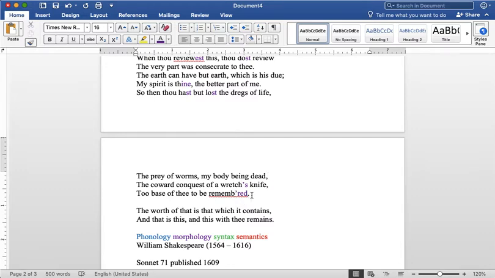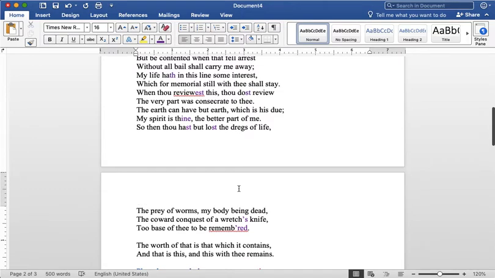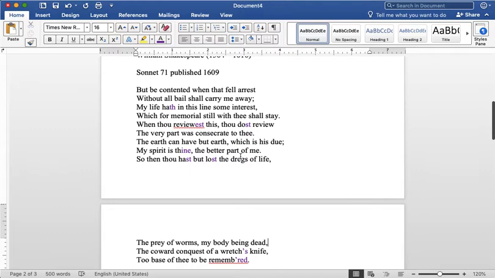But I'm still interested in this morphological word form. So we have remember, and then we have remembered, the past tense. The question is, do we see other ed endings in early modern English, and can we find evidence of that in this poem here? So to me, that's an interesting question.